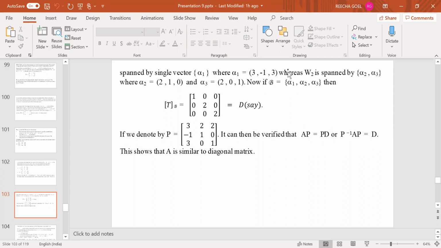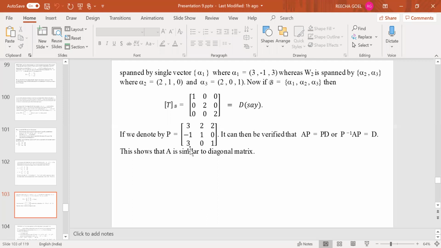But suppose I want to find another matrix such that the given matrix is similar to this. I consider a matrix P whose columns are alpha 1, alpha 2, alpha 3, that is 3, minus 1, 3, 2, 1, 0, 2, 0, 1. Now this particular matrix is invertible.